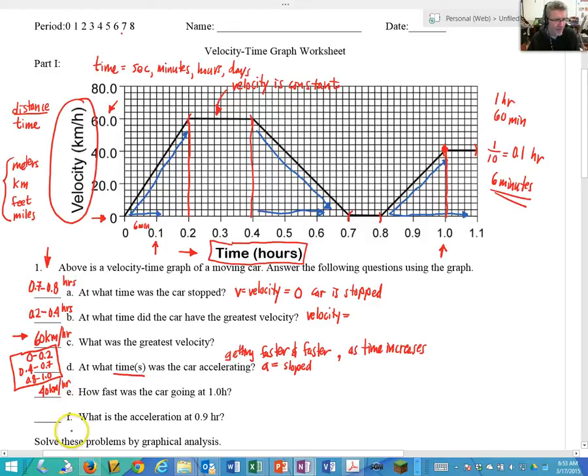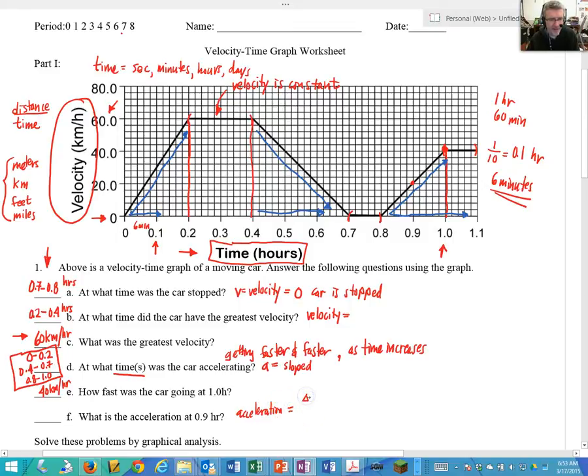And then what was the acceleration at 0.9 hours? Okay, so the acceleration at 0.9 hours. Acceleration, we said, was going faster and faster. It's faster and faster as time increases.